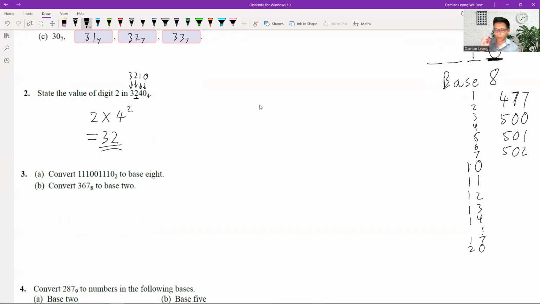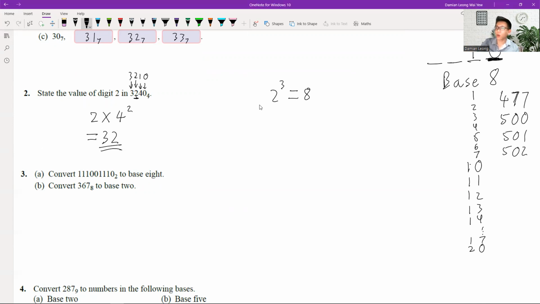Now, converting bases, there are some special numbers that relate in special ways. This is one of the examples. Base 2, base 8, base 8, base 2. So base 2 and base 8 relate because 2 to the power of 3 is 8. That's why there's a special relation between base 2 and base 8.